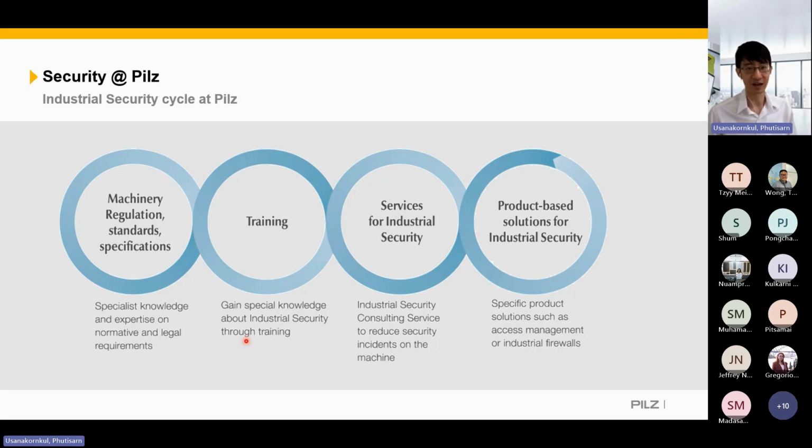First, we are a global company, as you may know, and we have experts around the world, basically experts in the machinery regulation, the standards, and specifications regarding security. Then Pulse also provides training for security. We provide consultant service for industrial security, and we have products that can be used regarding industrial security.